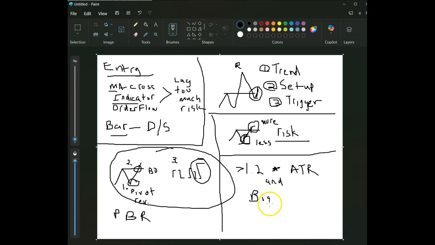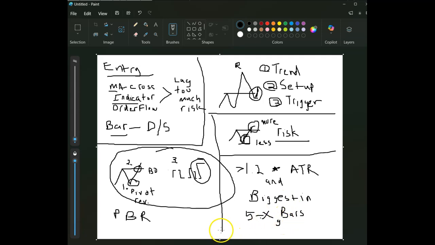Biggest in X bars or X green bars, and the same thing with the red bars would be biggest in 5 red bars or biggest in 5 bars.